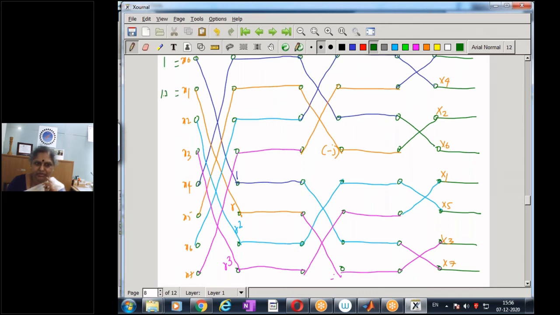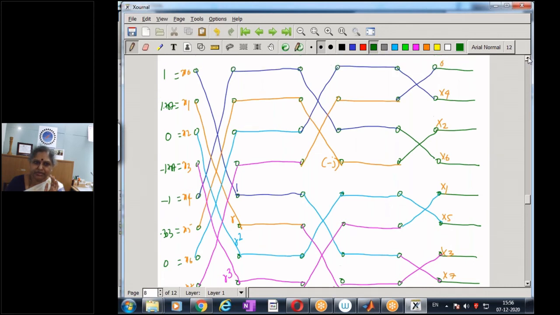X1 is 1.707. X2 is 0. X3 is minus 1.707. X4 is minus 1. X5 is 0.303, X6 is 0, and X7 is minus 0.303. So this is what we have, and let's try to do the computation.